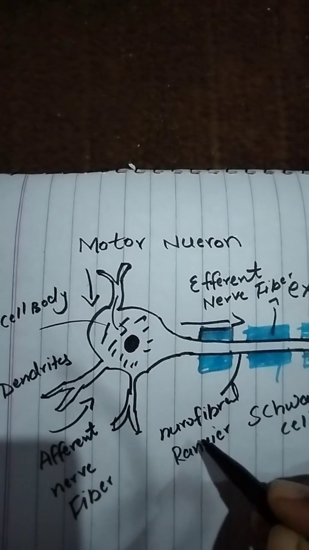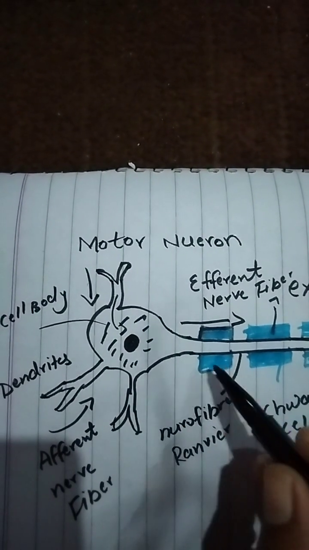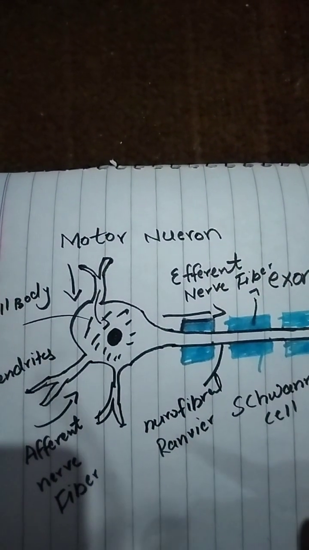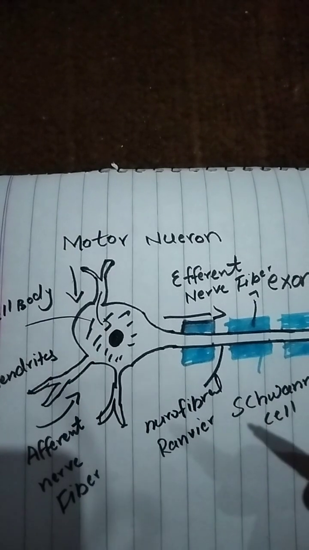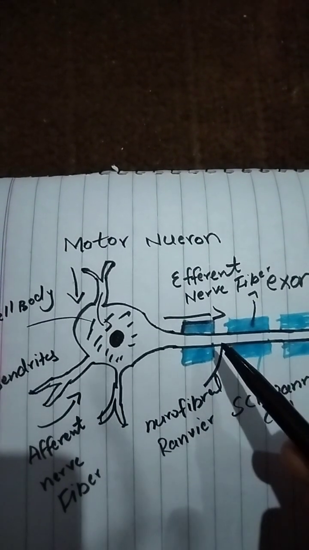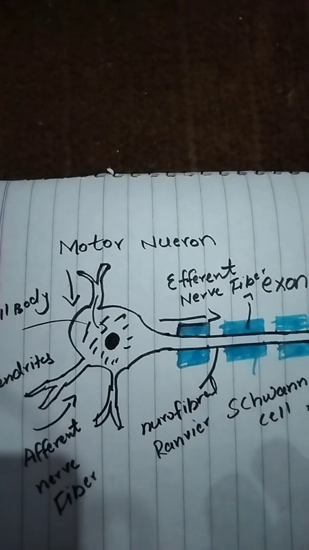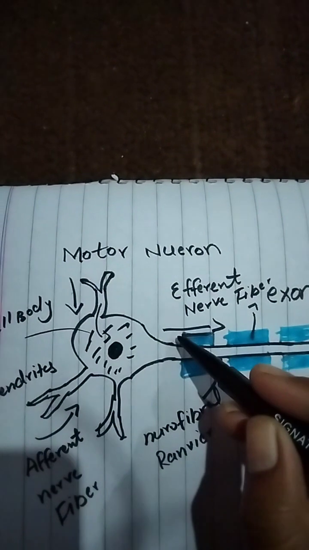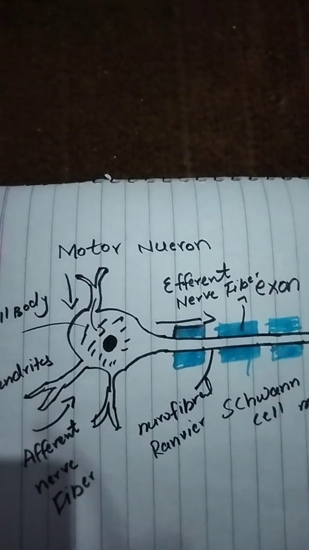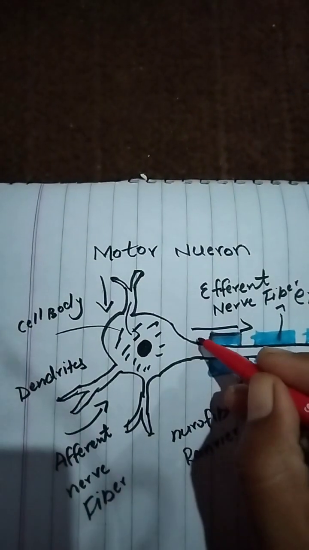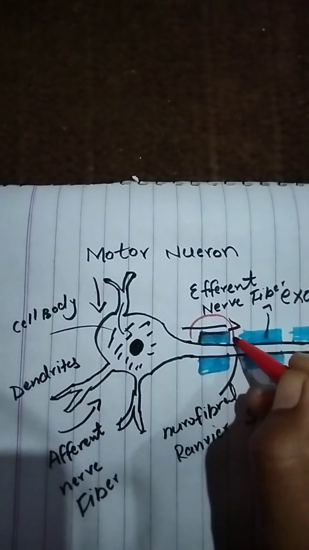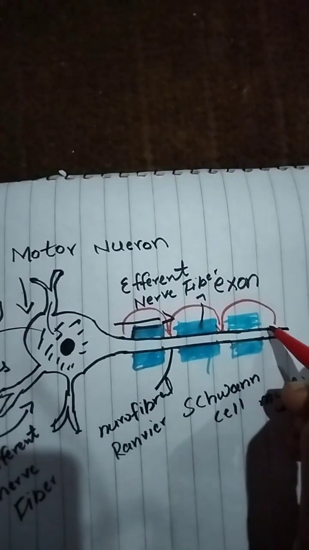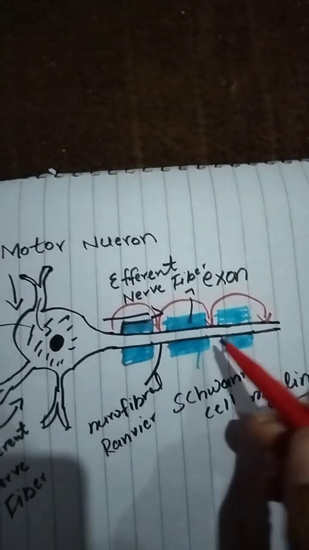This space is important because it makes the nerve message fast. Nerve impulses jump from one node to another node.